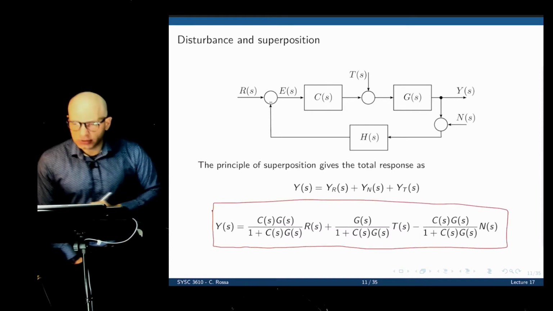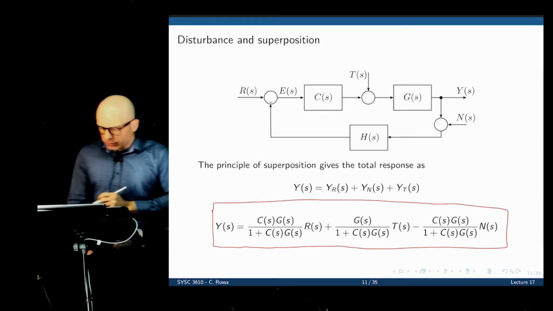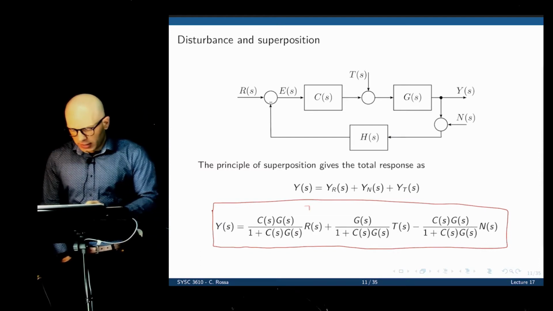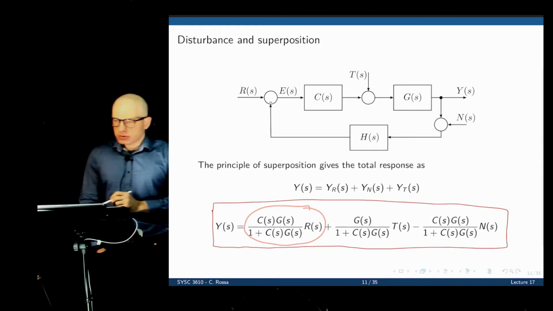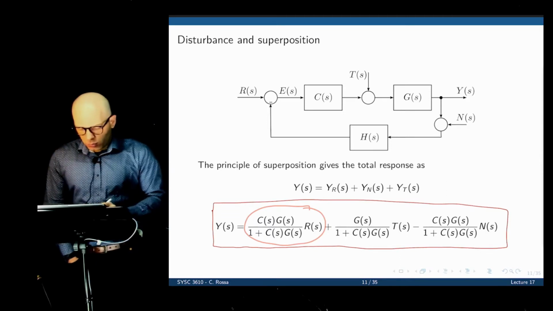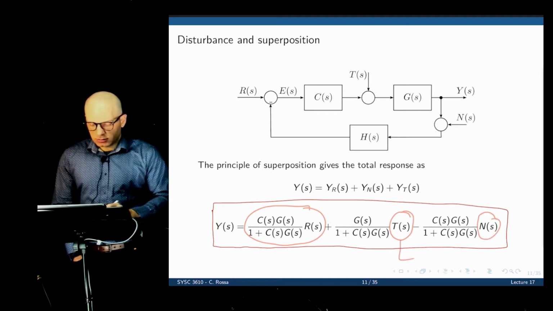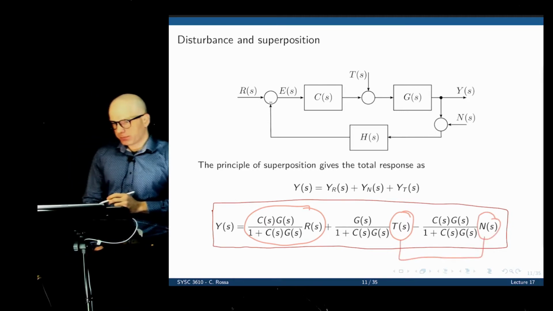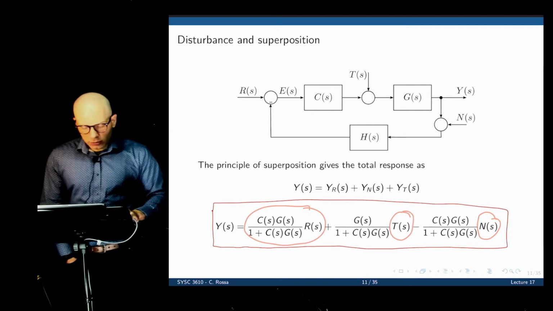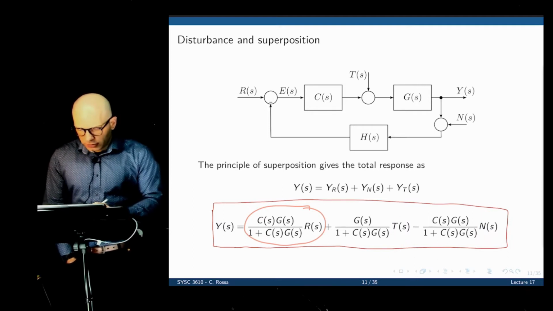You see that the output is not simply influenced by the input. That would be just the first element here. We also have two new elements now. One depends on the disturbance, one depends on the noise, and these two we have no control over. What you have control over is the function C of S, the controller transfer function that you have to design.